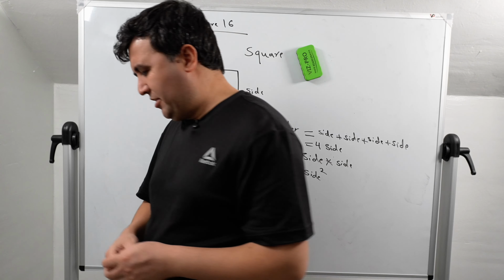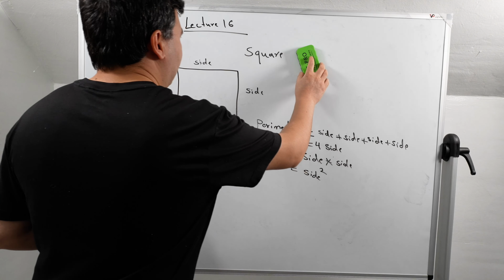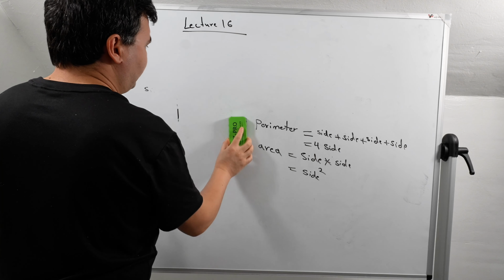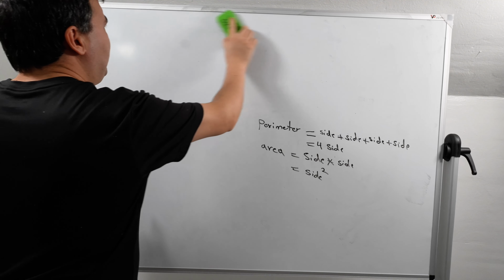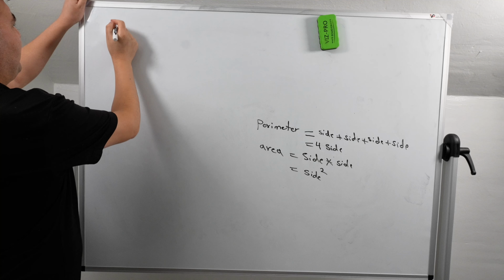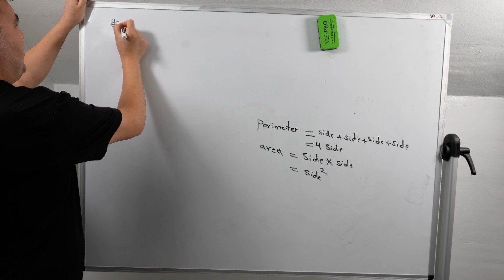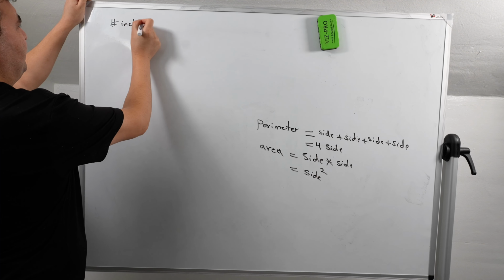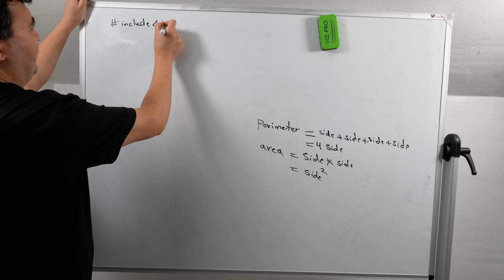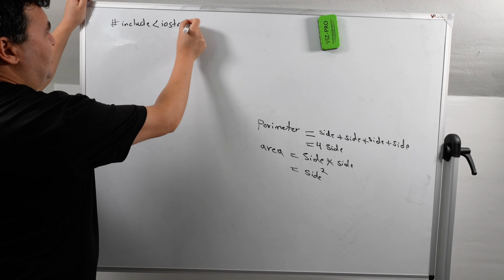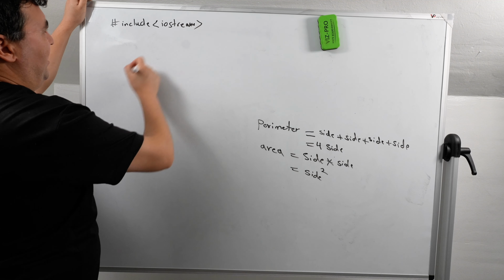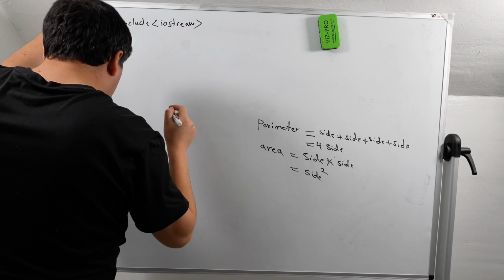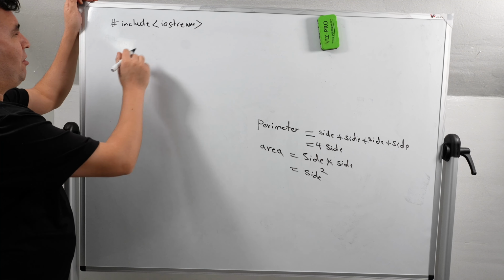Okay, so let's write this program in C++. We write #include <iostream>. Yes, that's the first line. We include the iostream library in our program.